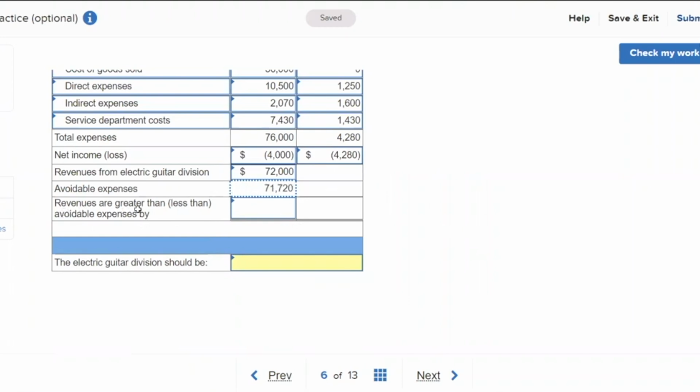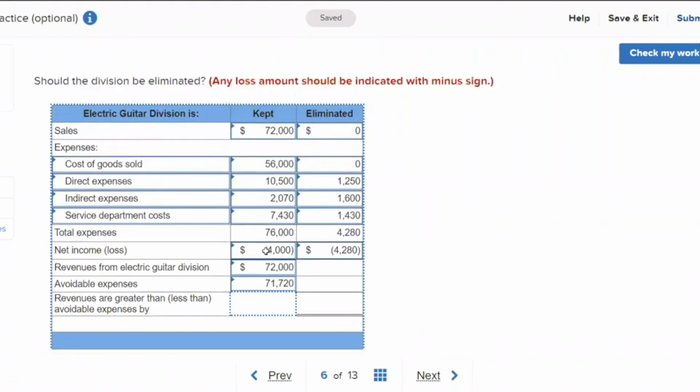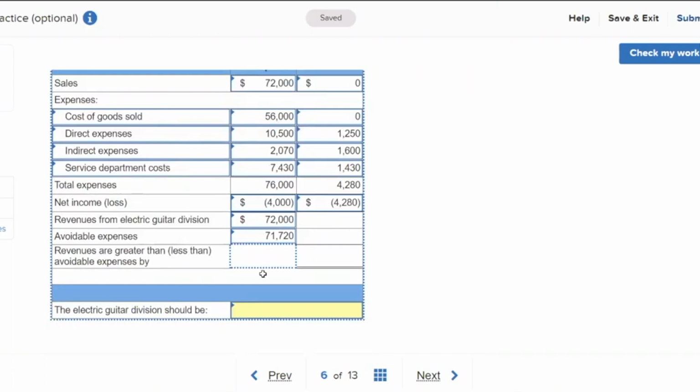So revenues are greater than, I can already tell you from looking up here, that if we keep electric guitars, we're only in the hole 4,000. But if we eliminate electric guitars, we're in the hole 280 more. So 72,000, 71,720. Electric guitars are actually helping us by 280, I think.